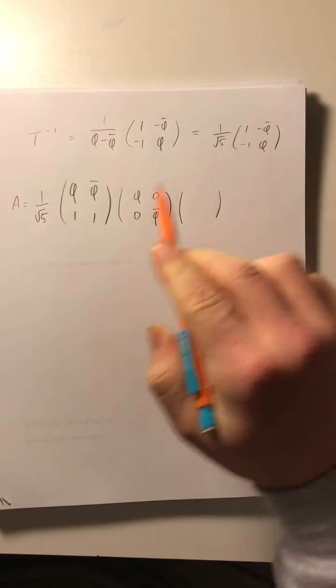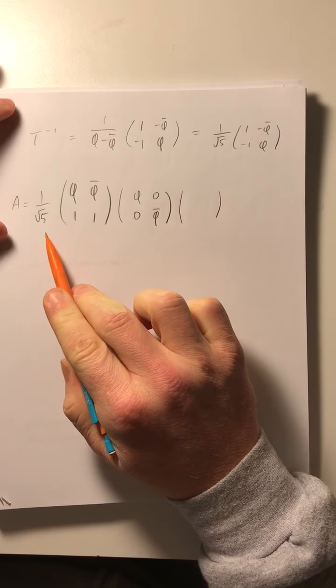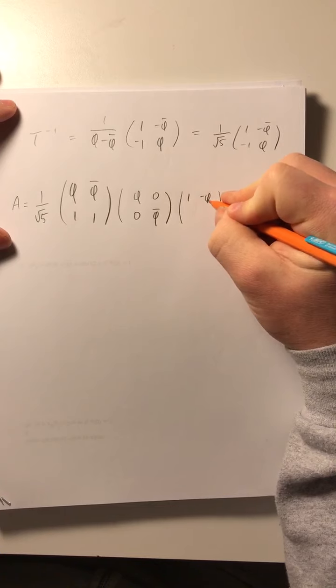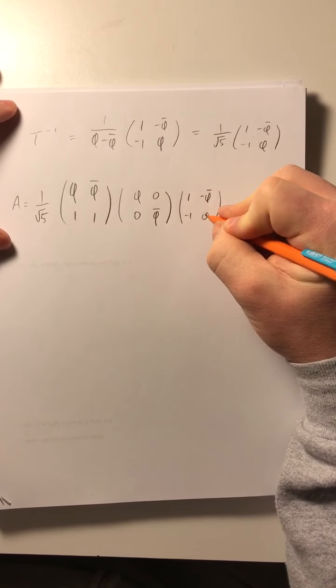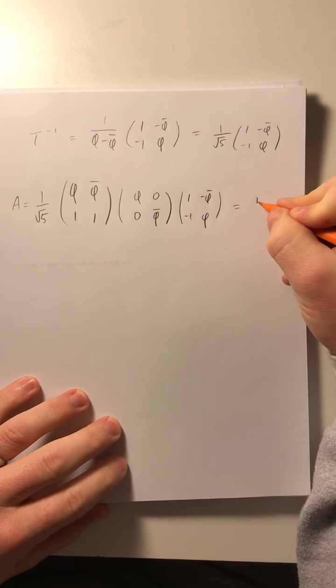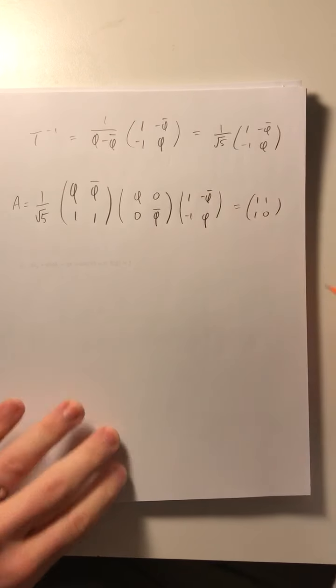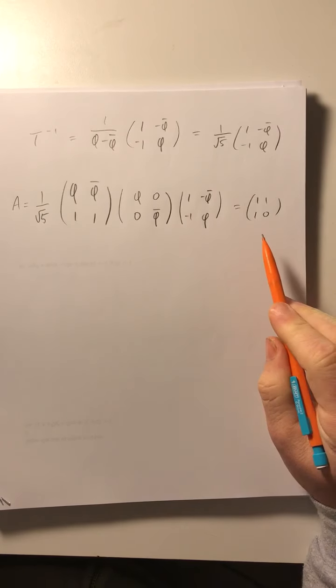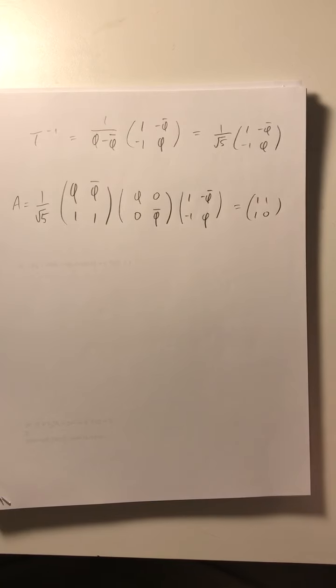This is where the 1 over square root of 5 came from, but I'll write it out front: 1, negative phi bar, negative 1, phi. So now I've done it. I've decomposed this 1, 1, 1, 0 matrix this way, and you can multiply this out and confirm that this is 1, 1, 1, 0.